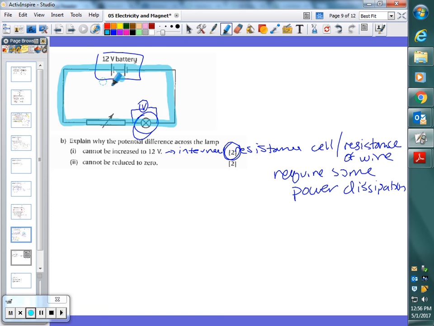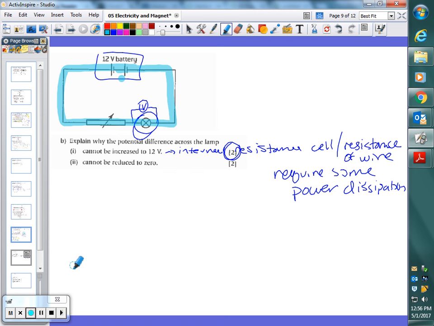If the potential difference increases by 12 volts going through the battery, we can never get 12 volts out of the lamp because of internal resistance, right? The wires have some resistance. This variable resistor, we can't make it zero, right? It's variable, but it's not perfect.